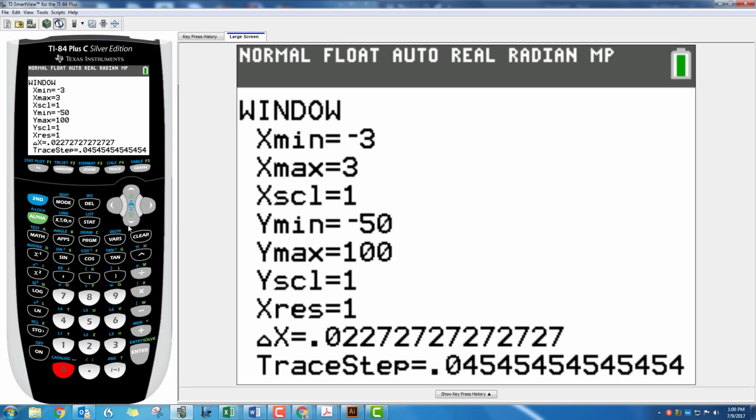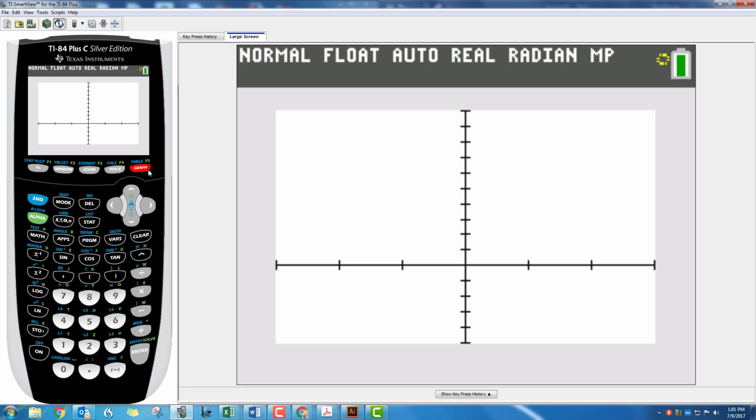Since we're changing those numbers quite a distance away from each other, sometimes you want to change the scale. Let's see what happens if we count by tens on that. There's no right or wrong way to do this. You just play around until you get a nice picture.